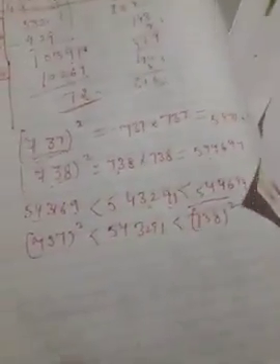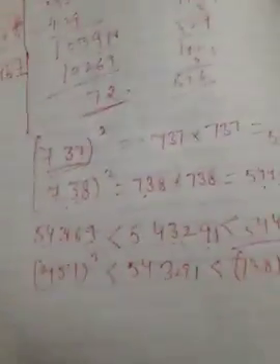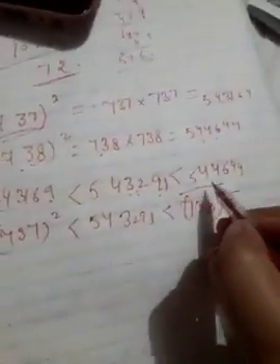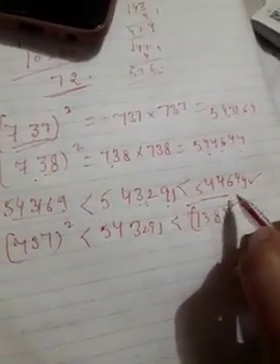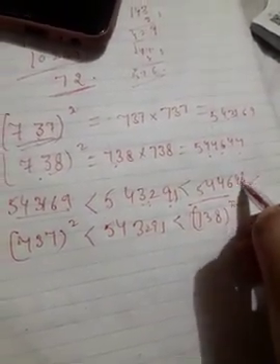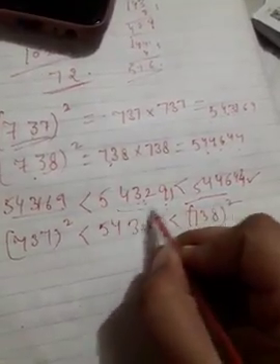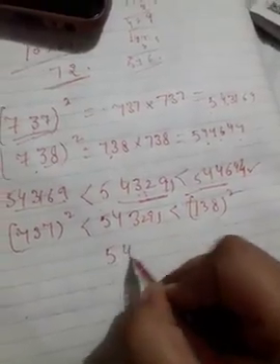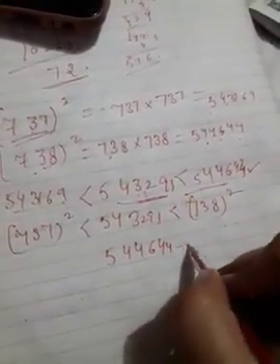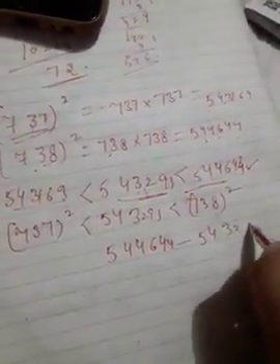We have to find the smallest number which must be added to make a perfect square. What can we do? Which is our largest number? That is 544644. Subtract the previous number, which is our statement, from the largest number: 544644 minus 543291.